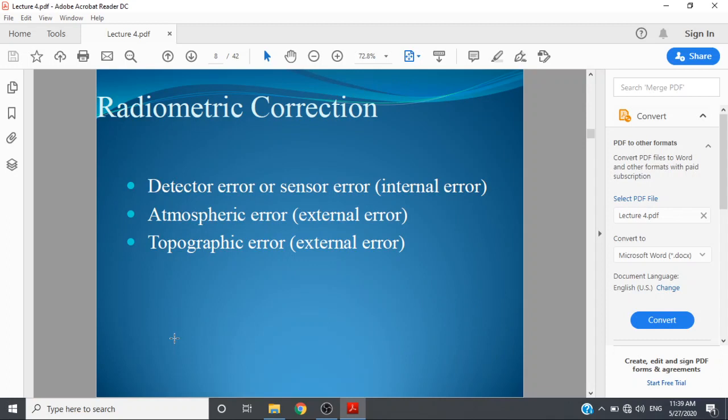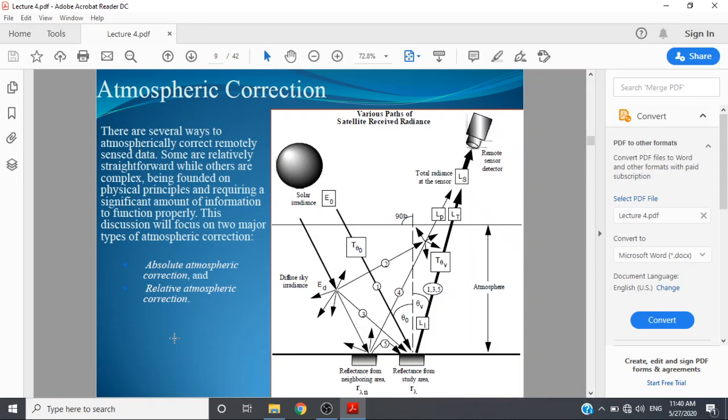Radiometric correction includes detector error or sensor error, which are internal errors, atmospheric error, also known as external error, and topographic error, which is also an external error. So what is atmospheric correction? There are several ways to atmospherically correct remotely sensed data.